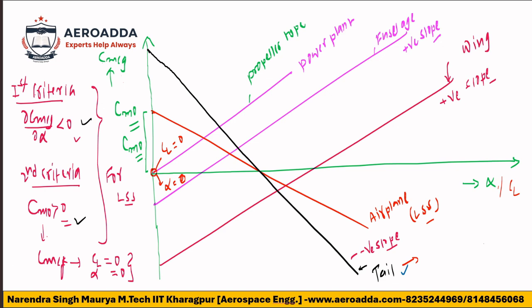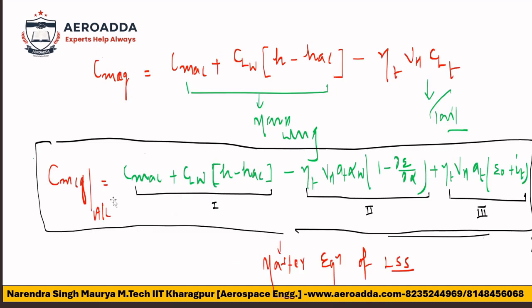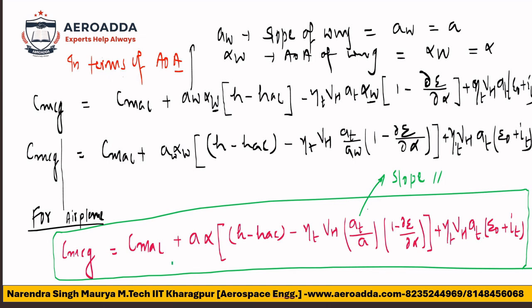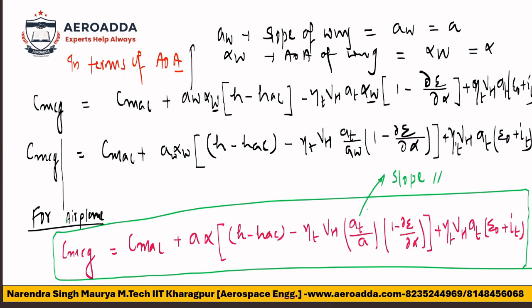So I will write the formula. That is the most important. See this equation now. Please check CMCG for the airplane. This is the CMCG for the airplane, right? If you make alpha equal to 0, because how many components do we have?